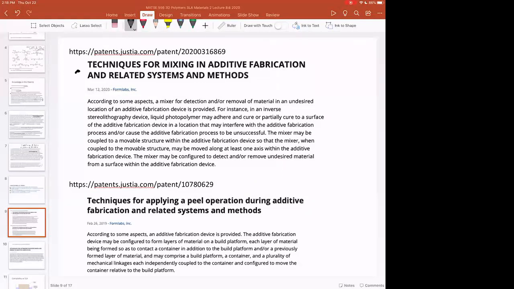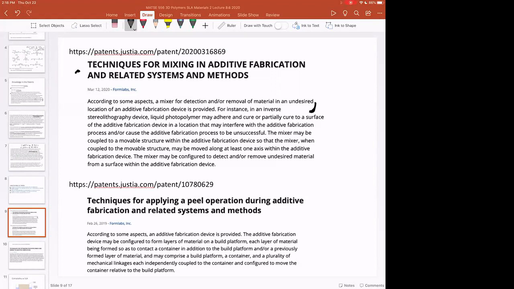removal, yeah, here it is. Removal of material in an undesired location. So how do you make sure that you get a successful build if you get overcuring or if you get something going wrong with the build? How do you fix that so your build is not failing all the time?